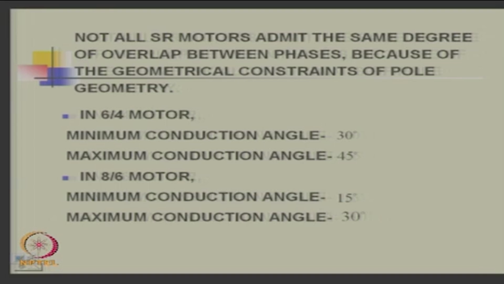In a 6/4 machine minimum conduction angle is 30 degrees and maximum could be 30 to 45 degrees. Conduction angle is the angle in which the current is flowing in the winding, and for 8 by 6 it could be 15 to 30 degrees, depending upon the geometry.